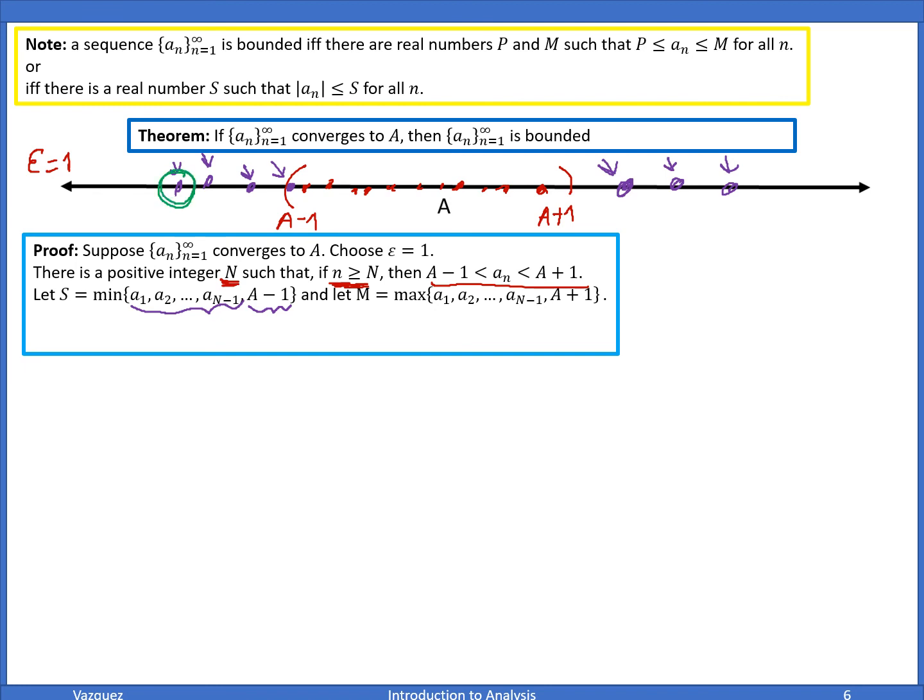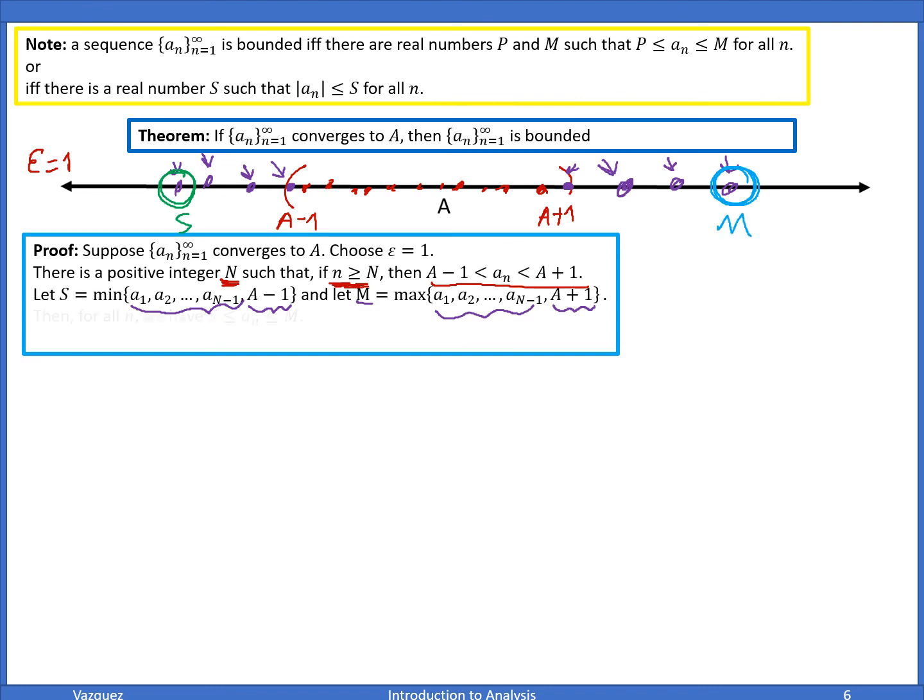Right, this is the lowest. So that is what we set as S. Now the maximum, M, we're going to set to the maximum of the ones outside of the interval, and we're going to consider A plus 1 as well, which is some point here. And the maximum of those, well, is this one over here, right? That's the biggest value. So this is what we're going to set as M.